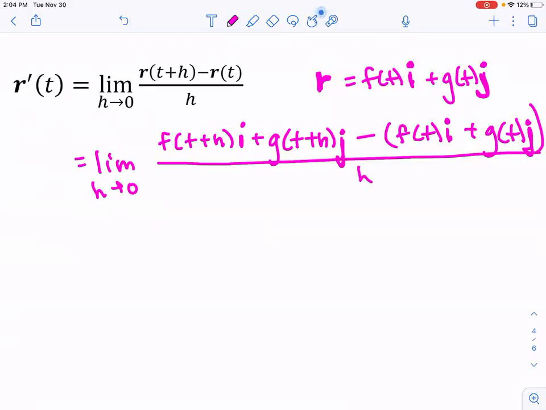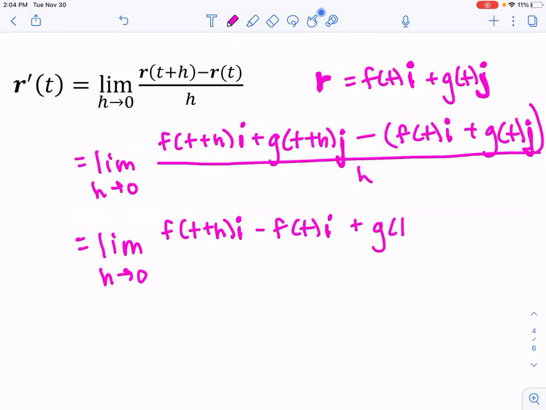Okay, well, let me go ahead and rearrange this. I'm going to group my i's together. So f of t plus h i minus f of t i, plus we have g of t plus h j.